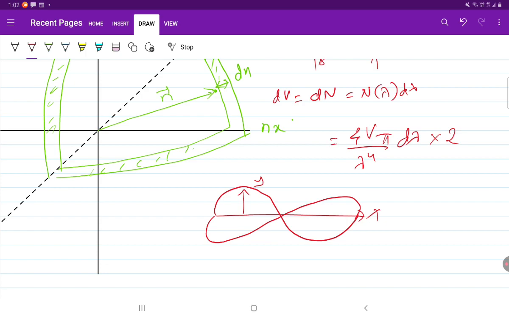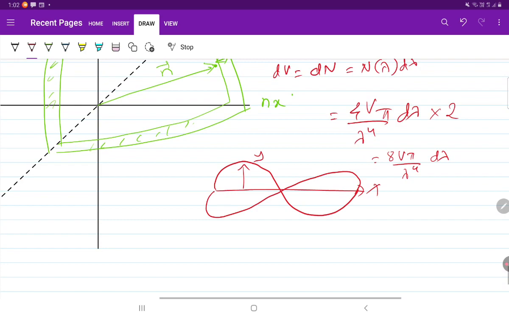So the number of such possible states is basically equal to 8Vπ/λ⁴ dλ, right? Now, what is the corresponding energy confined in this region? The energy of one harmonic oscillator is written as ε, and ε is kBT.